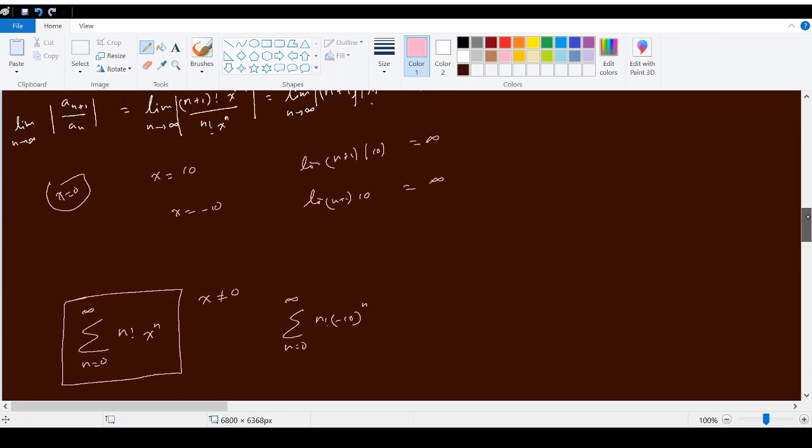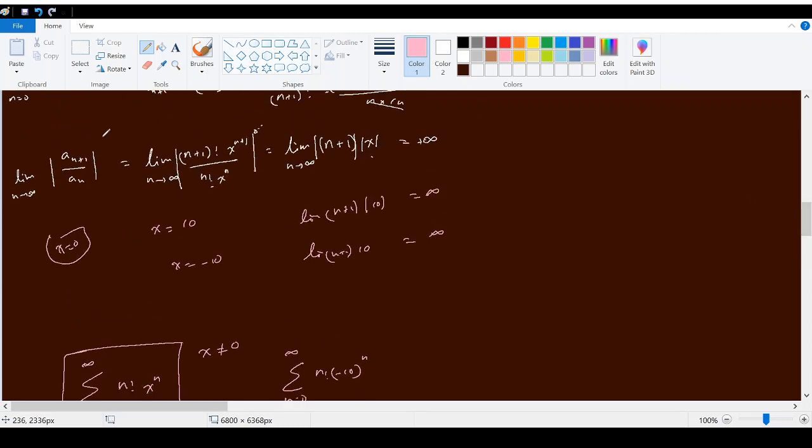because we have already obtained the result for a more general notion. From here itself we can conclude that for any x value except 0, this limit will be infinity.